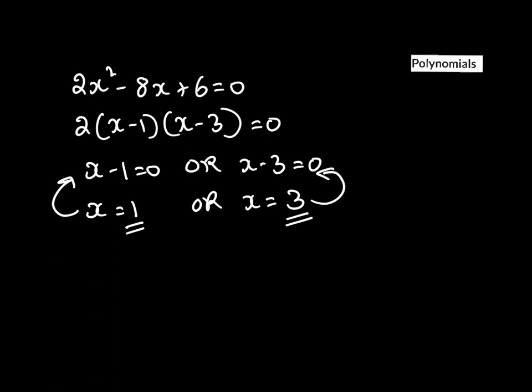So in general, when the zero of a polynomial is equal to a, what will be the factor of that polynomial? x minus a. Now let's figure out what will be the sum of the zeros and what will be the product of the zeros of this polynomial.